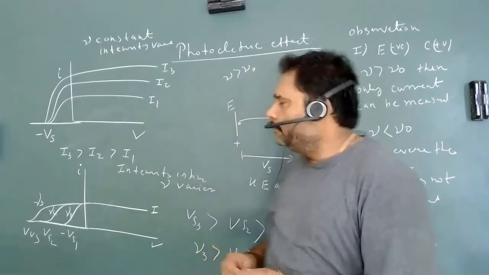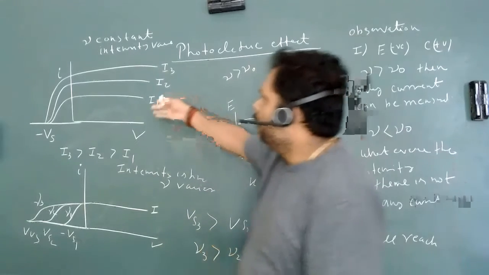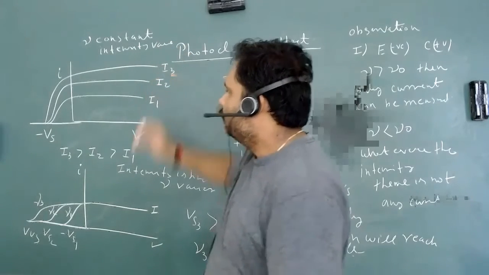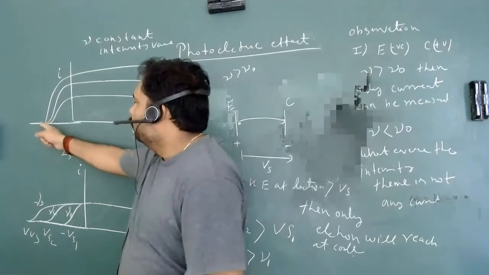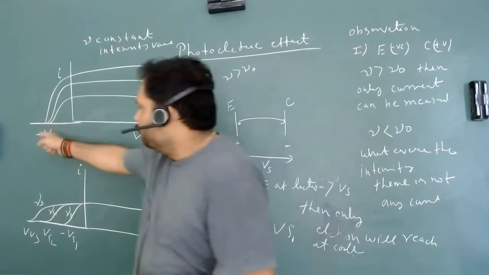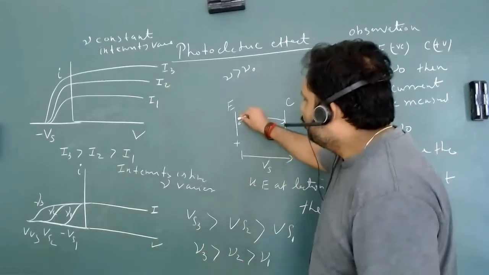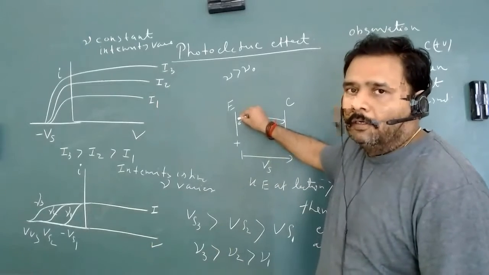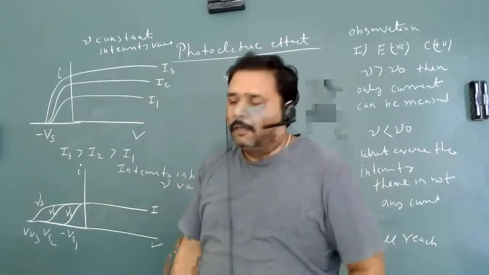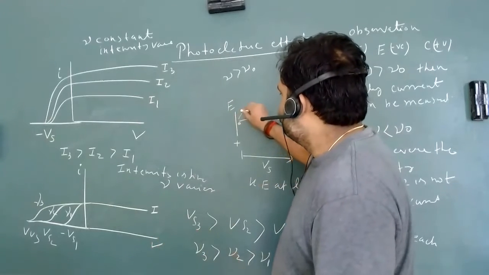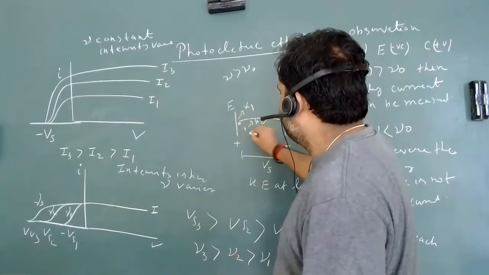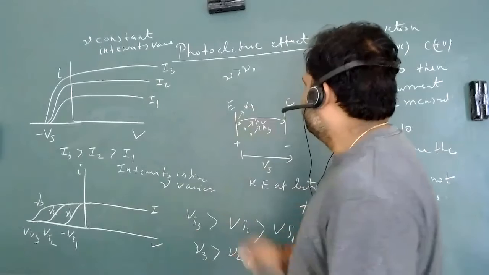But here, even if we vary this particular intensity, I3 is greater than I2, I2 is greater than I1, this Vs is the same, which means the maximum kinetic energy of the electron has the value Vs. Let us assume this is kinetic energy K1, another is kinetic energy K2, another is kinetic energy K3.